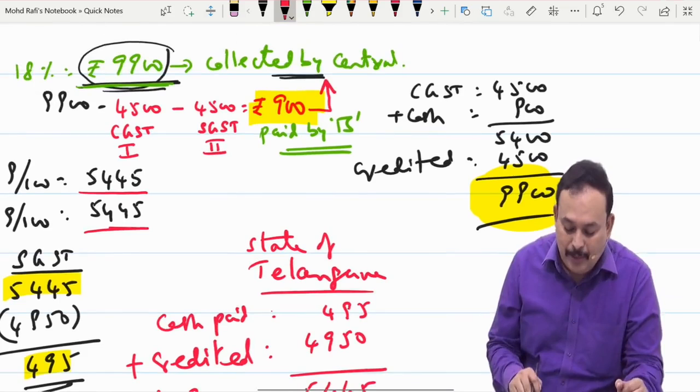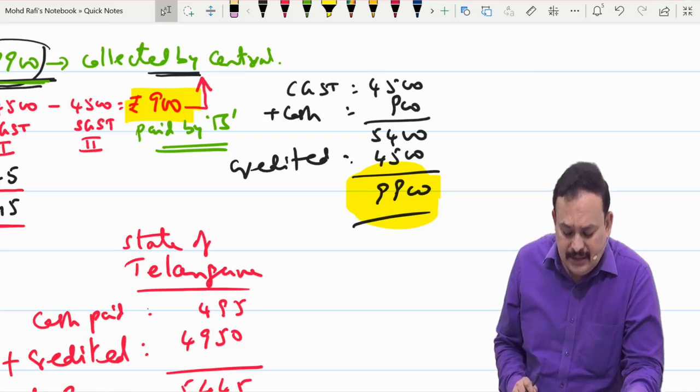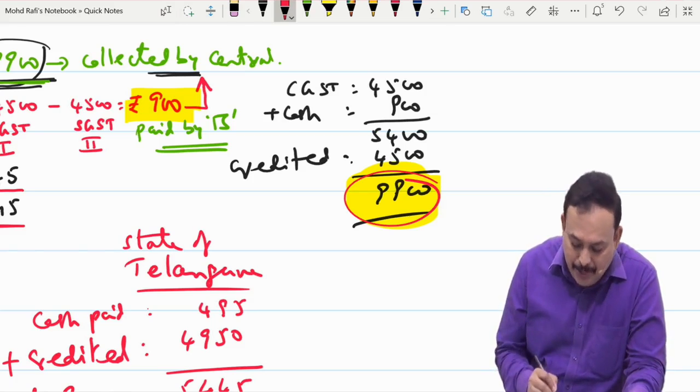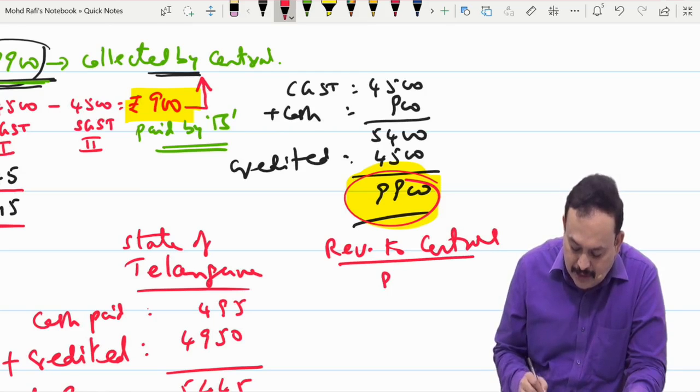Now coming to the central government point of view. Sir, here how much is the central government holding in their hands? 9,900. Now debiting here to the central government account, I will say that revenue to the central government: 9,900 debited. How much debited? 4,950.